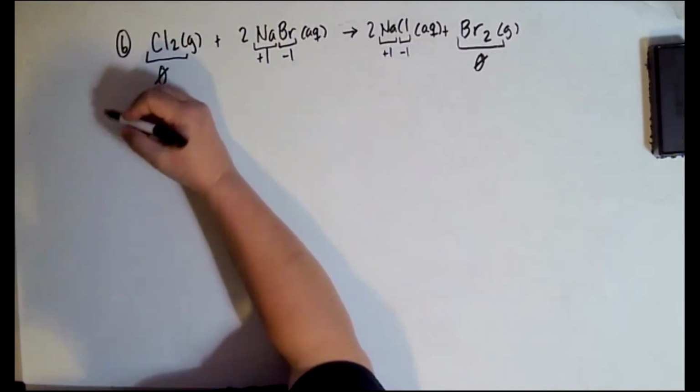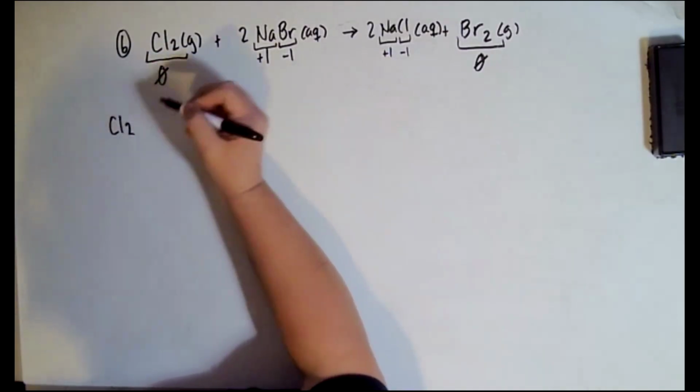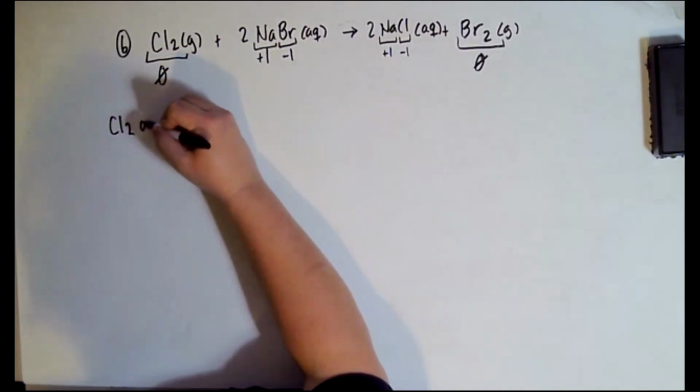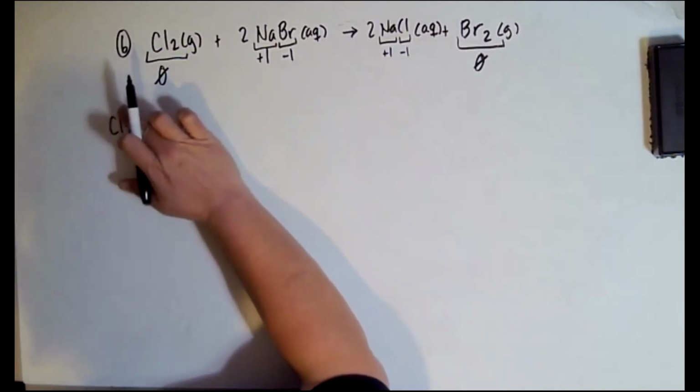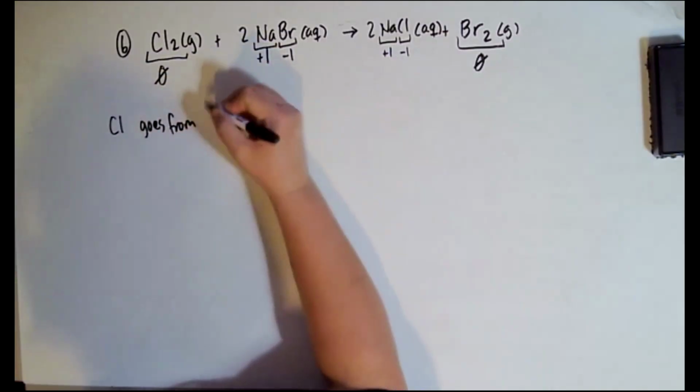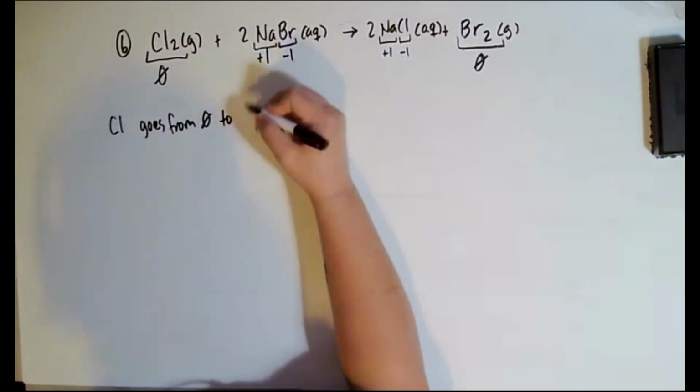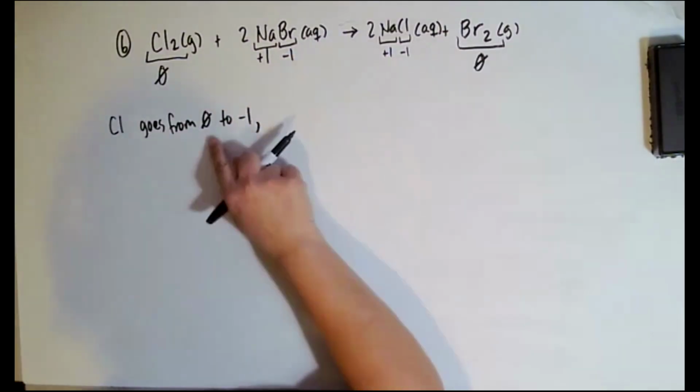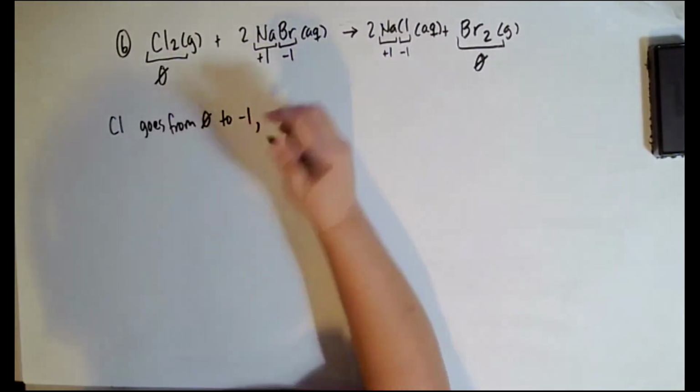But for our chlorine, we could just say our chlorine in general goes from 0 to -1, right? So it's getting more negative.